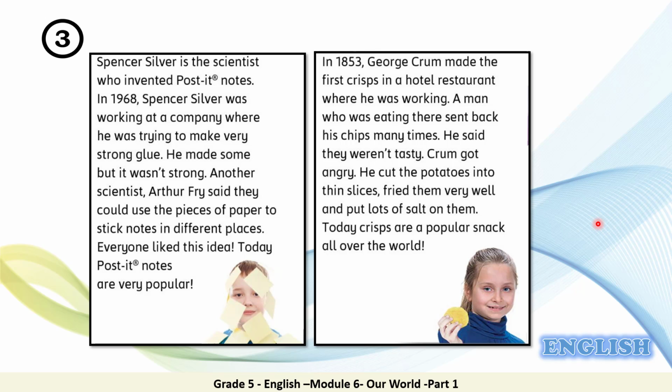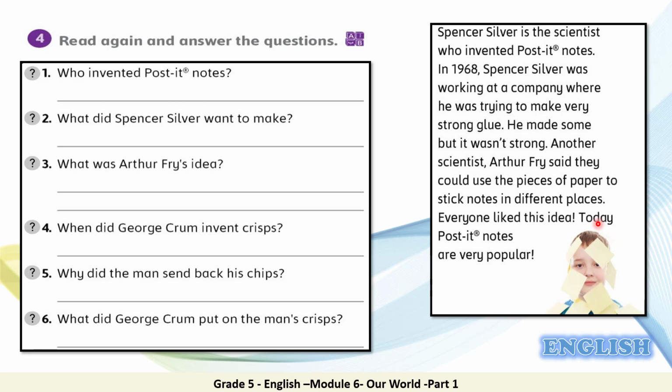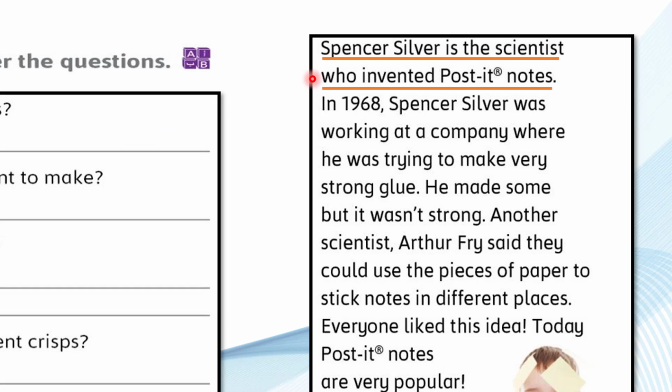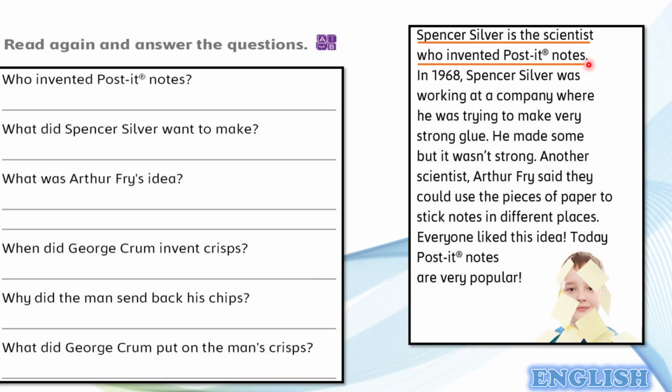Have you got the answers? Okay, let's check them together. Number 1, who invented post-it notes? By looking at the beginning of the first paragraph, you will find the answer clear right here. Spencer Silver is the scientist who invented post-it notes.